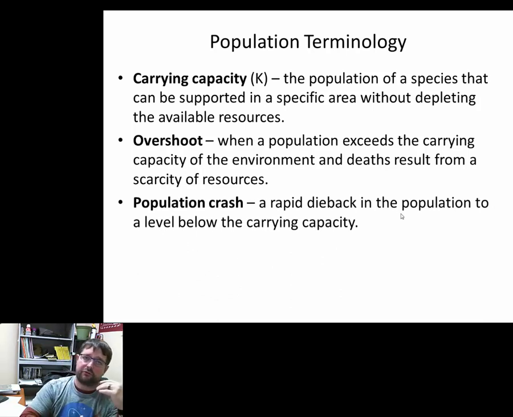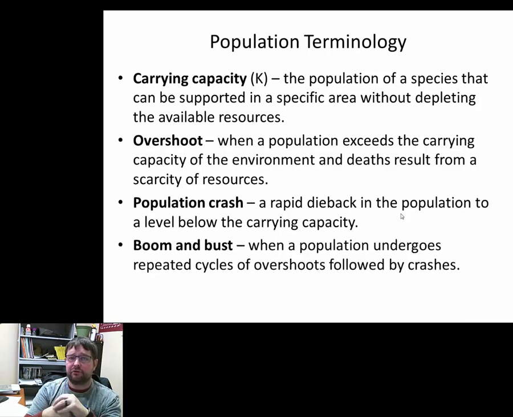So what happens is you over-reproduced, and now you've eaten up all your resources, and the population has a severe crash, a severe rollback. Now, that could be due to no food. It could be due to increase in disease, no shelter, lack of water, increases in predators. There's all kinds of things that can have this direct effect and make the population crash.